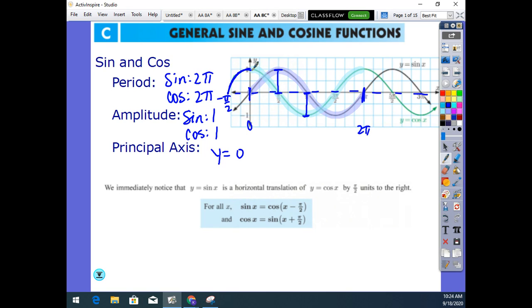If we were to shift cosine pi over 2 to the right, that would just be your sine function. Or we could shift sine pi over 2 to the left, and that would be cosine. So we can just shift sine and cosine to match.